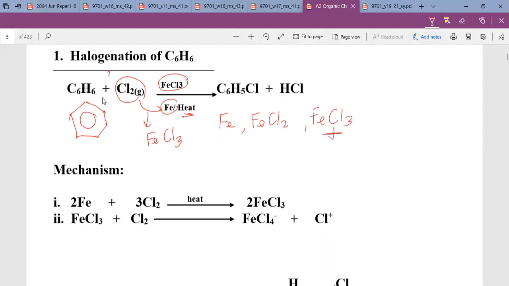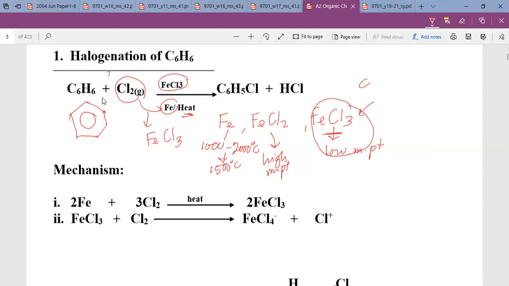You can check on Google later; iron has a very high melting point, about 1,050. Why is this very low? Because FeCl3 is a covalent substance. Very important. It's because of the difference in electronegativity. So FeCl3 is like that.